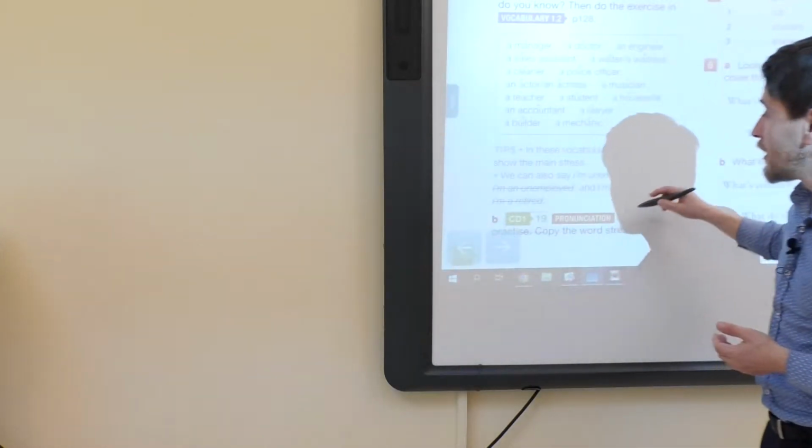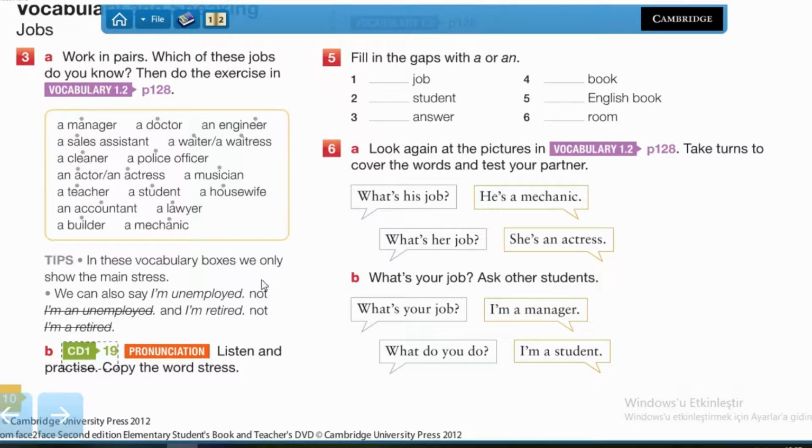Let's have a look at these jobs. A manager, a doctor, an engineer, a sales assistant, a waiter, a waitress, a cleaner, a police officer, an actor and actress, a musician.